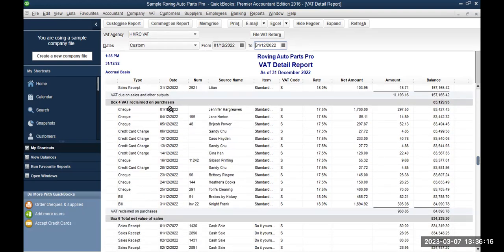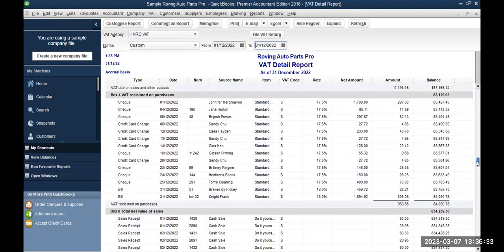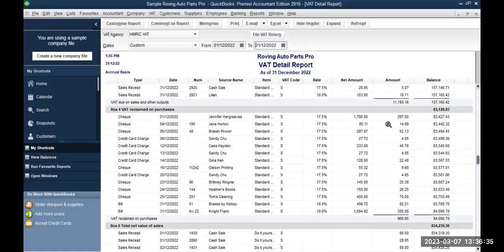Then against that, it also lists for you the input VAT. So all the purchases that were made, the details of the purchases, who they were made from, and also the VAT that was charged on that. And then it shows you the input VAT out of that. This other part shows you both the net VAT and the amount. Boxes.